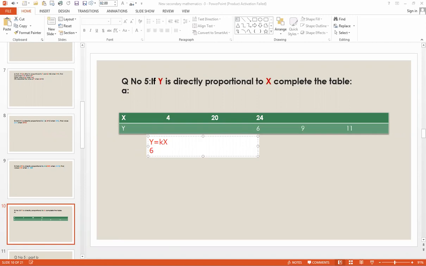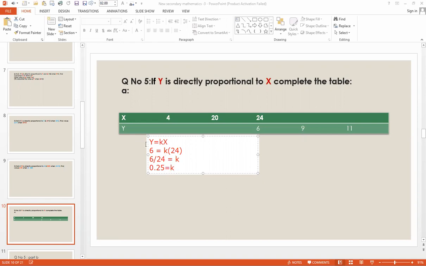So you have to write 6 is equal to k, and within a bracket you have to write 24. Then you have to divide 6 by 24, and that is equal to the value of k. So please help me. You have to divide 6 by 24 and then tell me the answer. 6 divided by 24, and the answer is 0.25. 0.25, and that is equal to k.